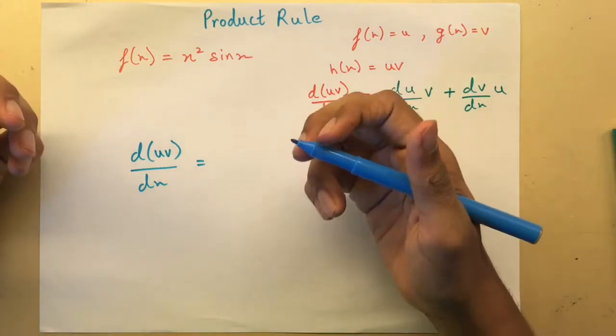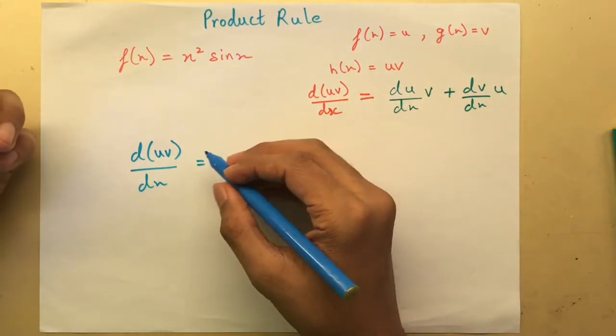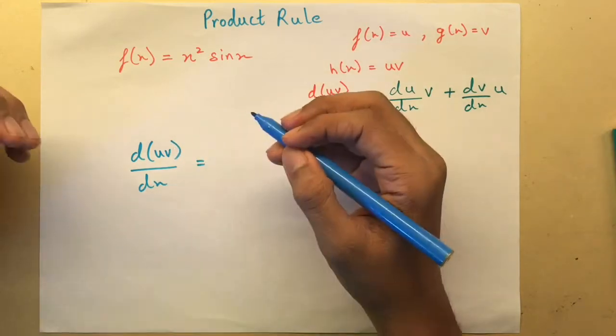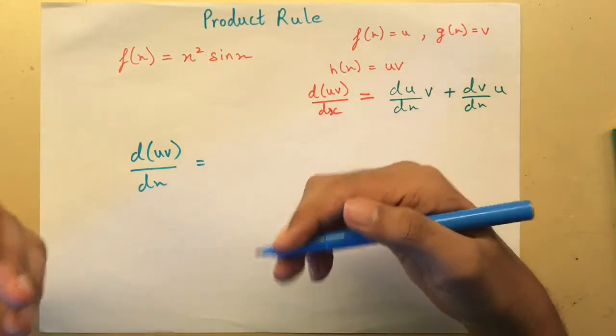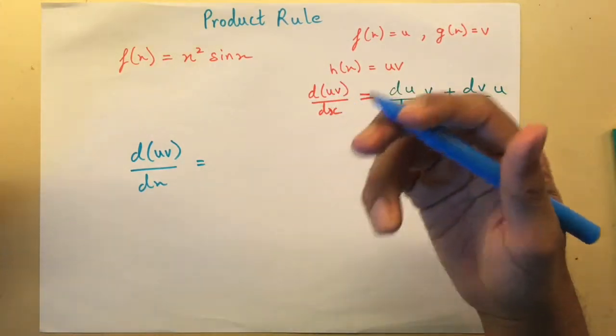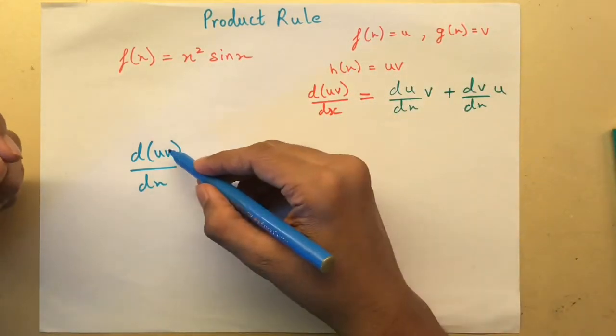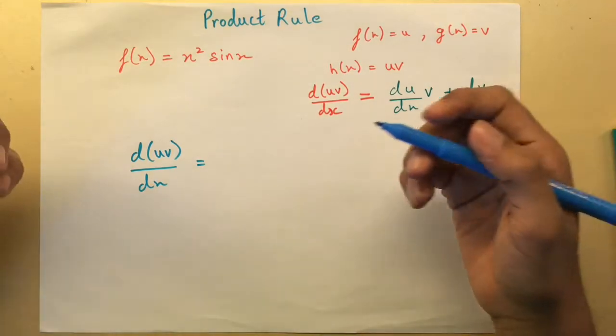A way to think about it is if we nudged each individual function by a small amount in a certain direction, we wouldn't just be able to write it as the product of two small nudges of each of those individual functions.